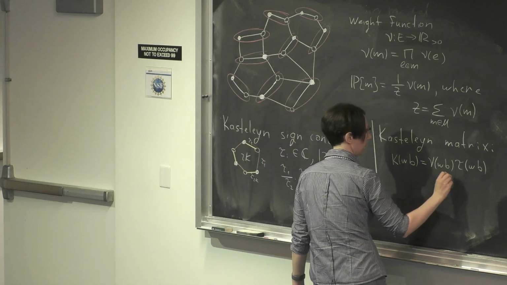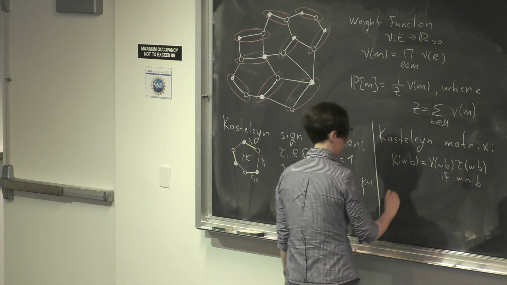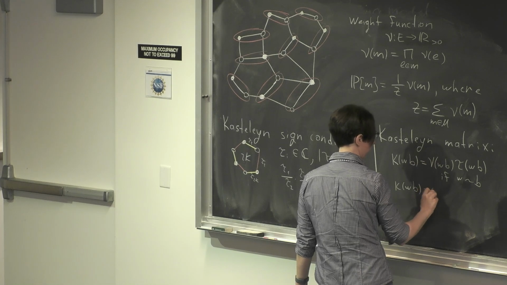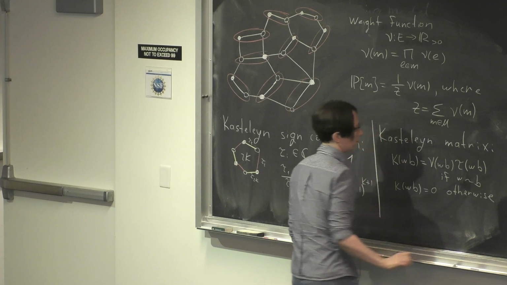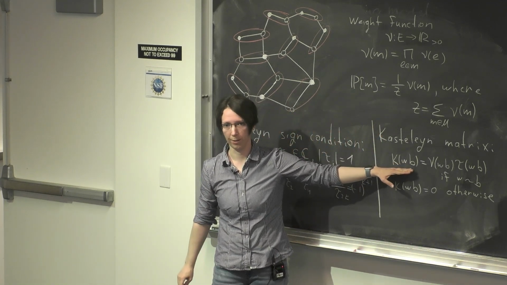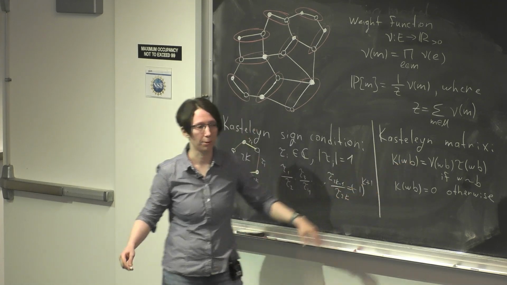So this is if W and B are adjacent, and it is 0 otherwise. Recall that we deal with a quarter of the adjacency matrix, so rows are indexed by white vertices and columns by black vertices.